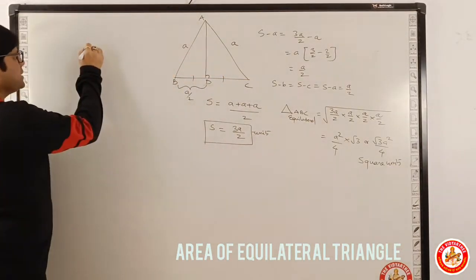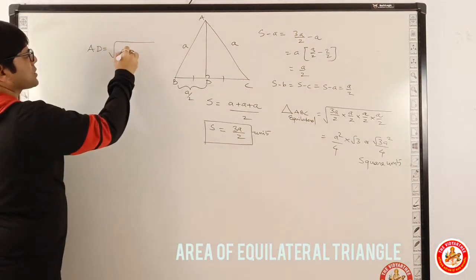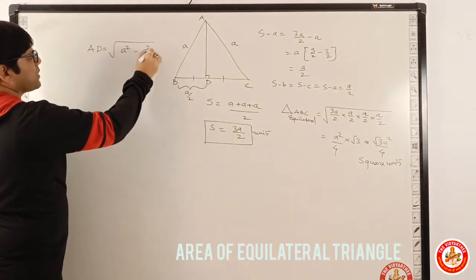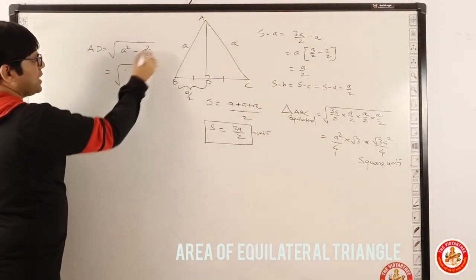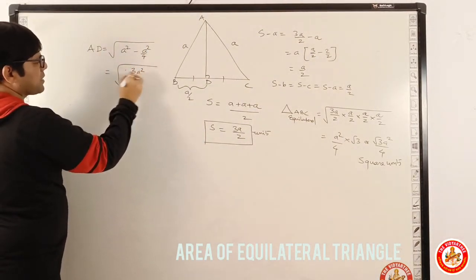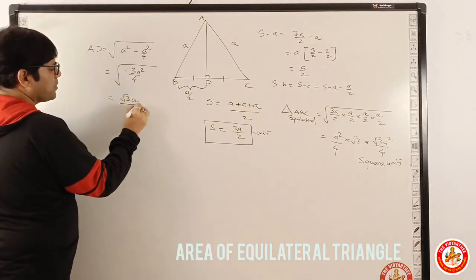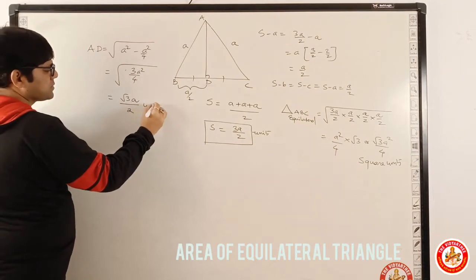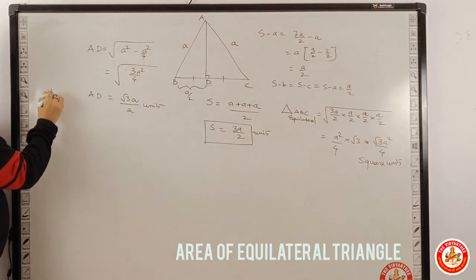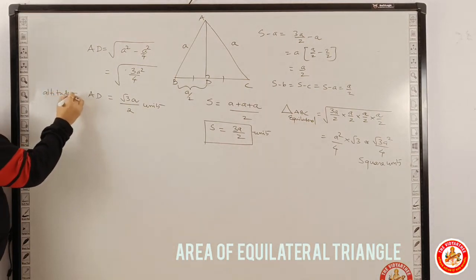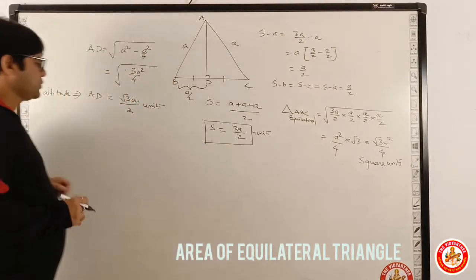So altitude AD will be equal to under root A square minus A square by 4. So this is actually equal to 4A square minus A square, that is 3A square by 4. You take the square root, it becomes root 3A upon 2 units. So this is your AD, which is the altitude. So the altitude AD is root 3A by 2 units.